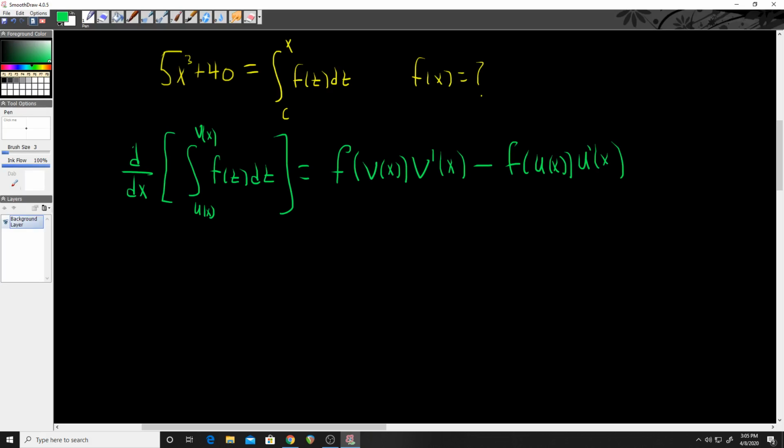And so if I apply d by dx to both sides of the equation, that's what I'm going to do next. I'm going to do d by dx of the left-hand side, and then d by dx of the right-hand side.